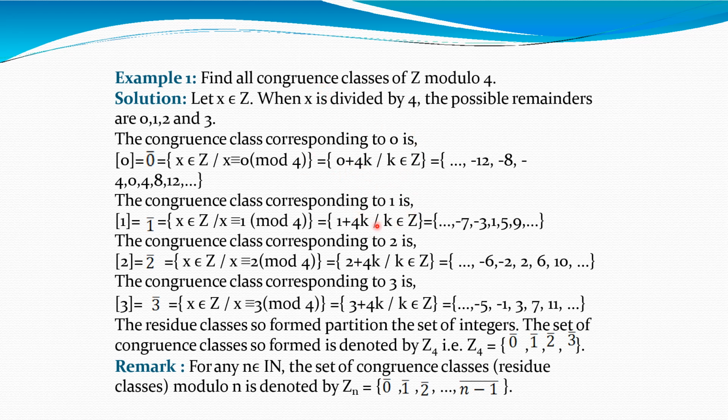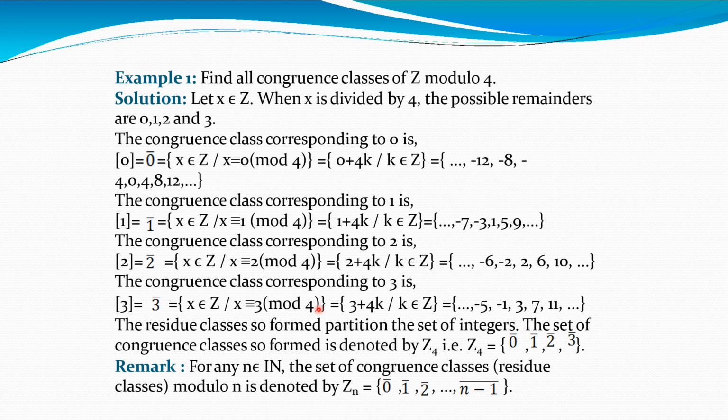And if you consider distinct congruence classes, then they are disjoint. For these two sets, no element is common. Again for first and third, nothing is common. Same way for first and fourth, second and third, second and fourth, and third and fourth. So they are pairwise disjoint, and hence these residue classes form a partition.